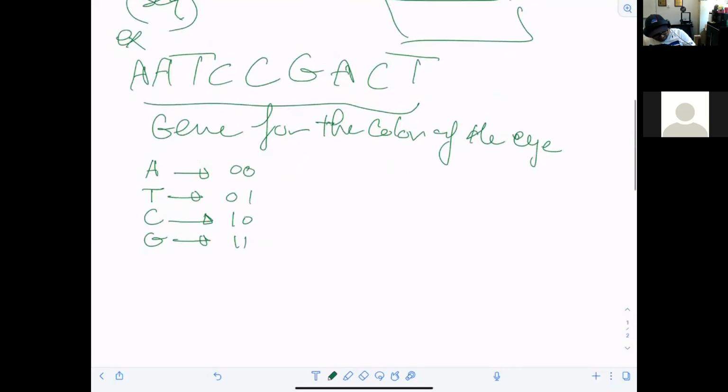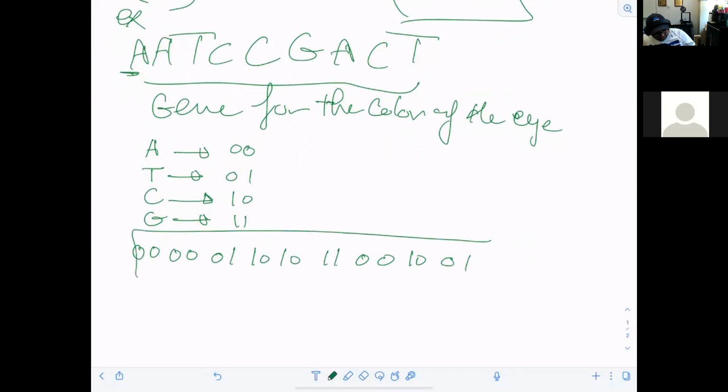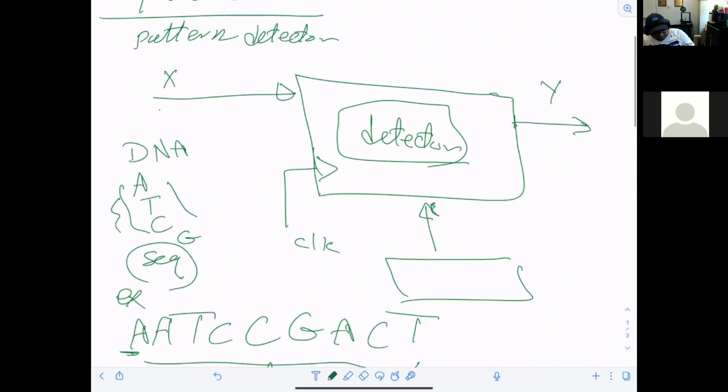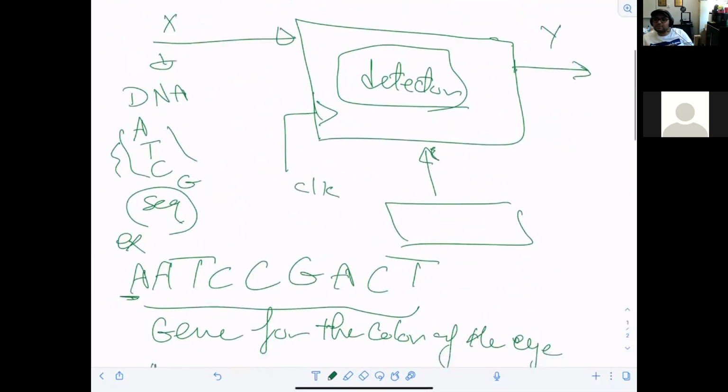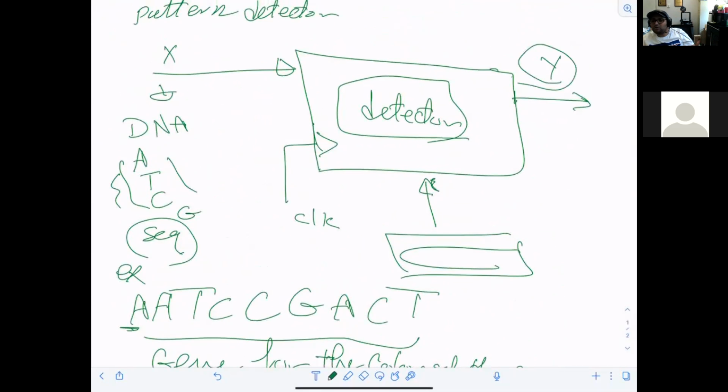If you convert this to binary, it's going to be 0 0 0 0 0 1, 1 0 1 0 1 0 0 1, and that will be my stream going in here. And then the pattern can be the gene which is changing the color of the eye. If I find it, I will reply and say that I found it.